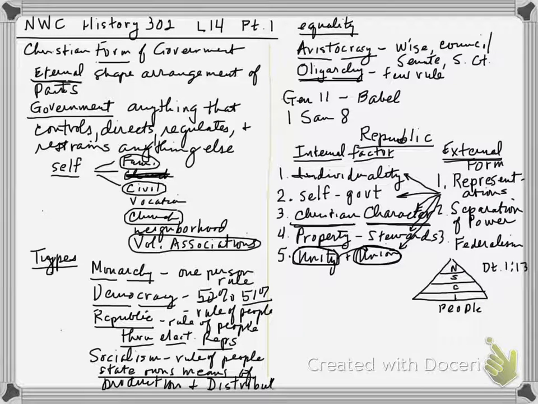So this builds efficiency. The local level of government is effectively closer to the people, knowing that local condition and serving the people, taking care of needs. And then only those things that the local can't do, the county does. And only those things that the county can't do, the state does. And so government gets smaller as you go up this pyramid, and only those things that the state can't do, the national government does.